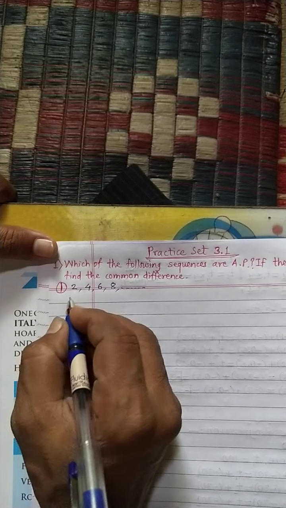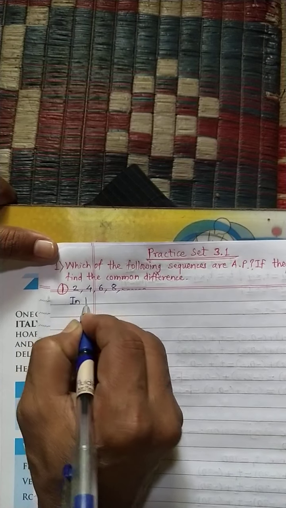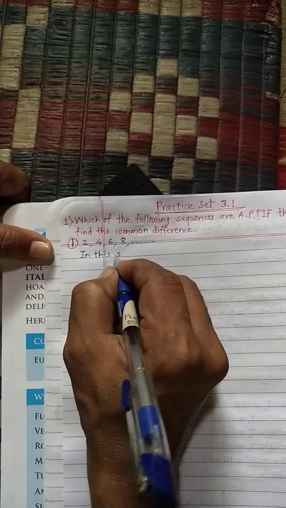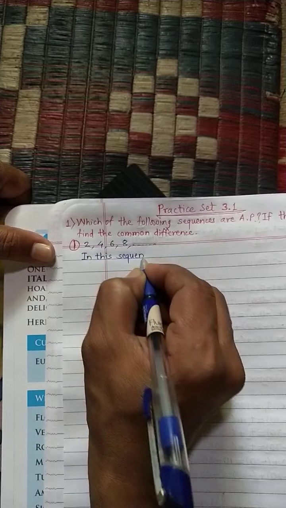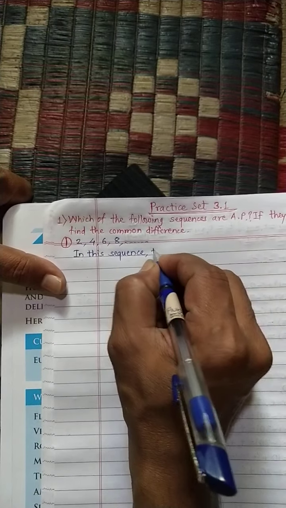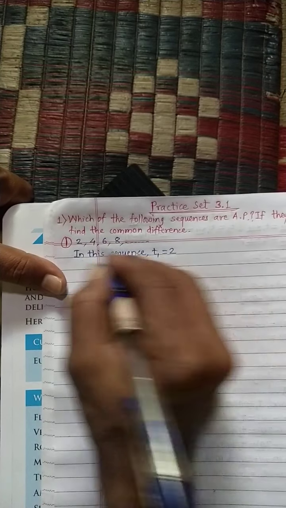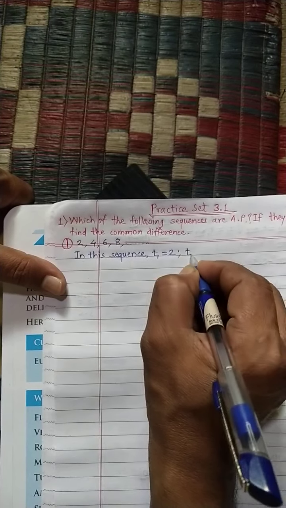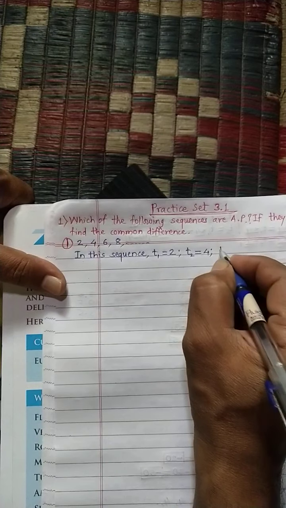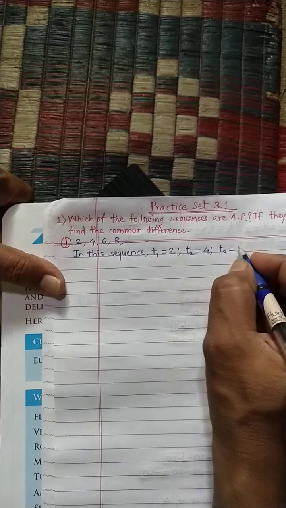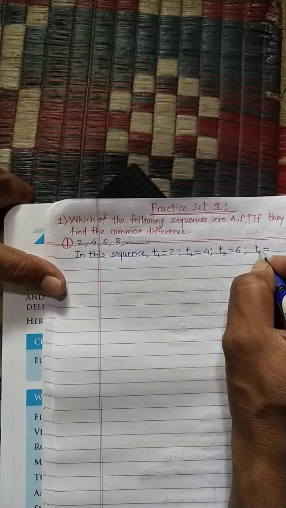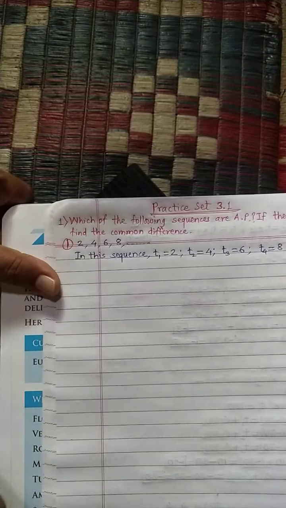So here T1 is equal to 2, then T2 is equal to 4, then T3 is equal to 6, then T4 is equal to 8.